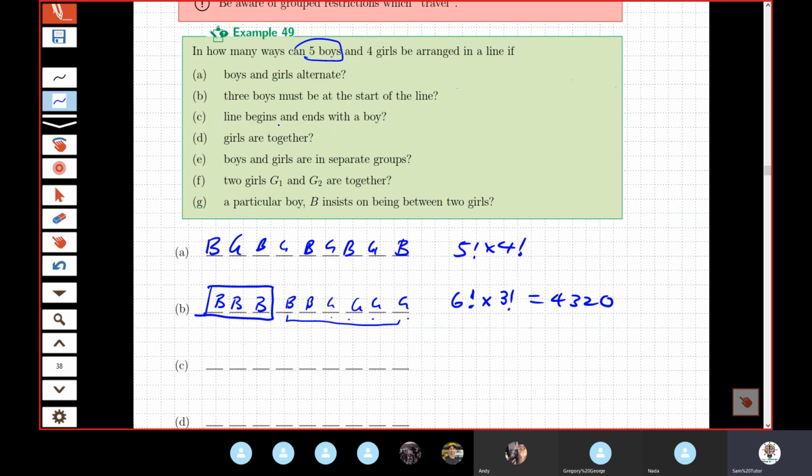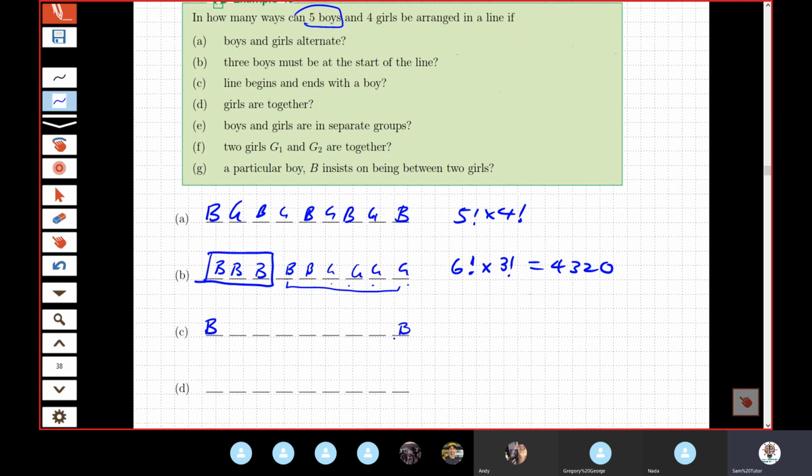Line begins and ends with a boy. Begins and ends with a boy. So how many boys do I have left? I've got 3. So that means my 3 boys here, 4 girls here. These guys can be arranged in 7 factorial ways.